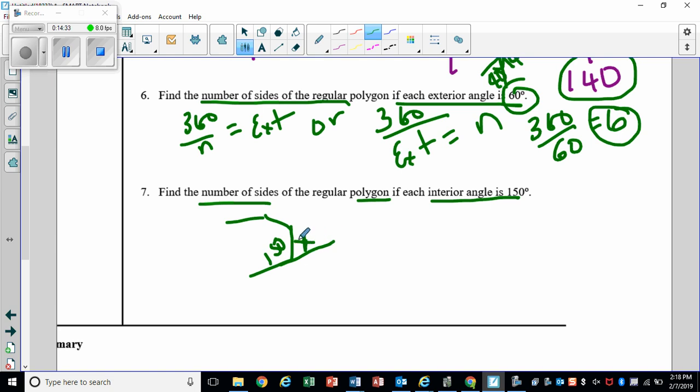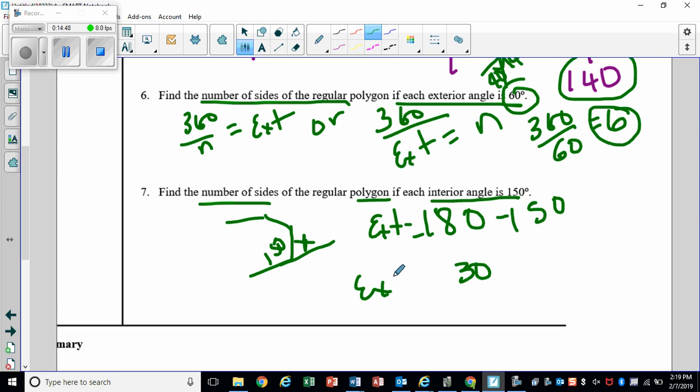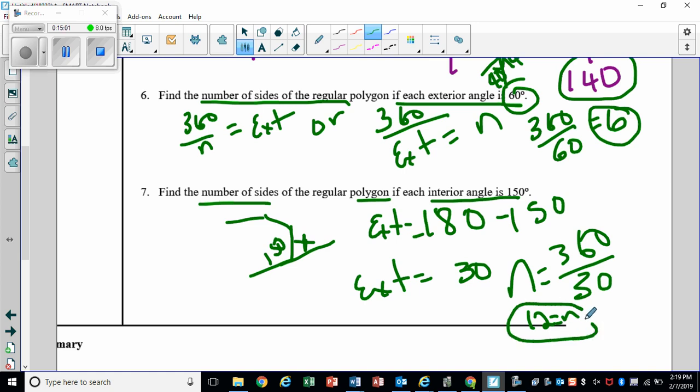The easy way is to find the exterior angle, which would be 180 minus 150, which gives you 30. Perfect, that's my exterior angle. Now n would be 360 divided by 30, which ends up being 12. So this polygon has 12 sides.